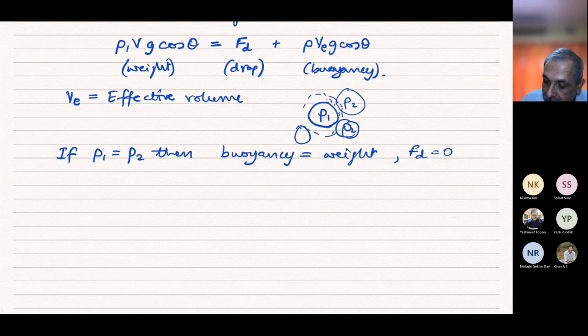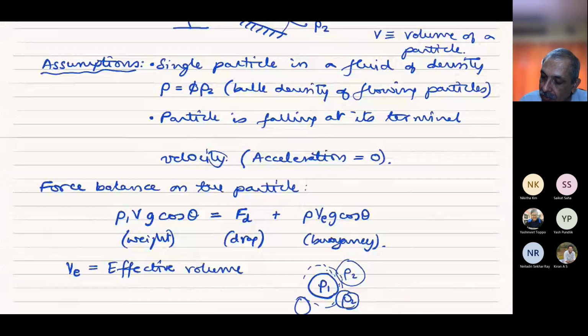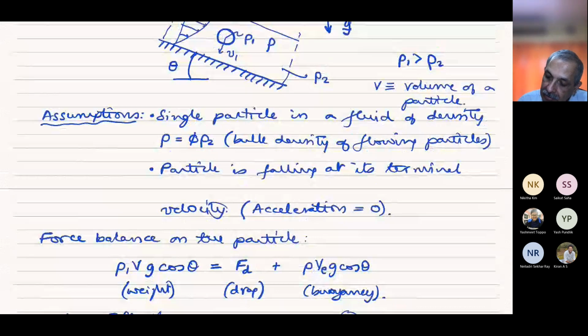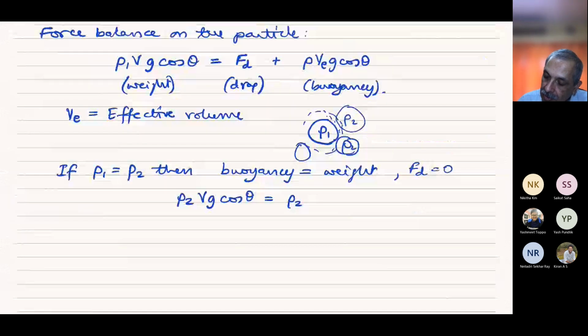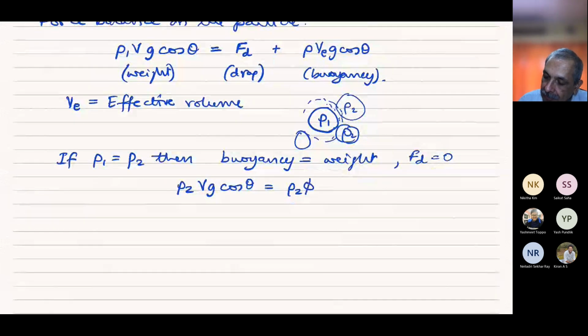So if the forces are balanced like this, then what you will get is that ρ2 into V into g cos theta is equal to rho, which is nothing but phi times ρ2. So this is ρ2 into phi times the effective volume into g cos theta.